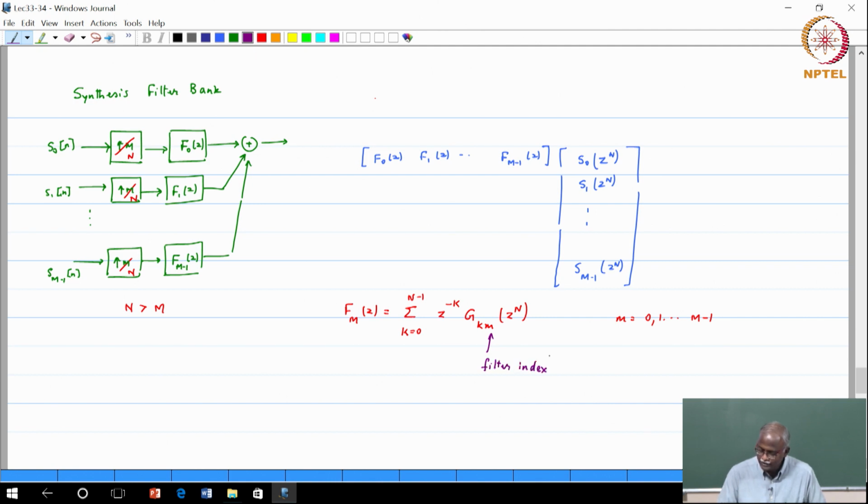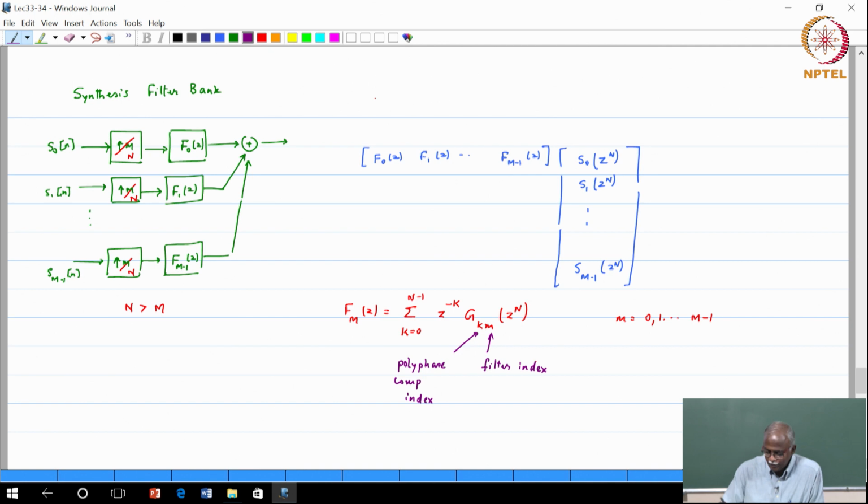So, the filter index is, say, I am talking about f0 or f1 or f2 or f m minus 1. And the polyphase component index will go up to n minus 1. Okay. So, the range of k is from 0 to n minus 1, the range of m is between 0 to m minus 1.